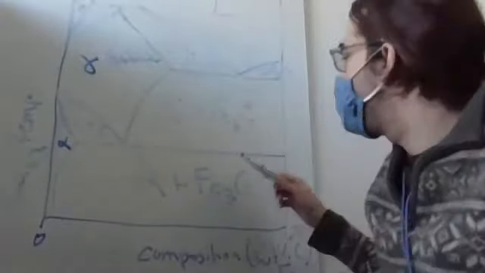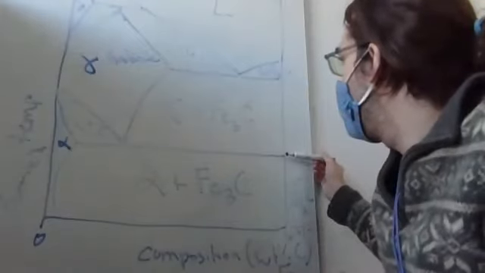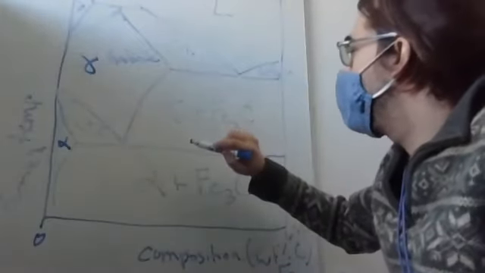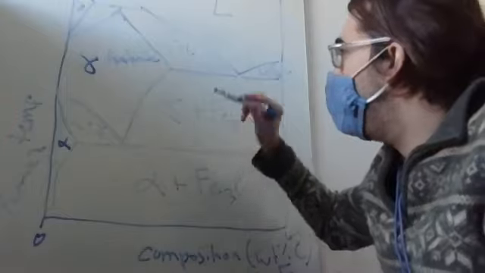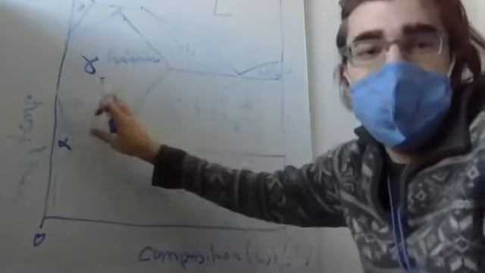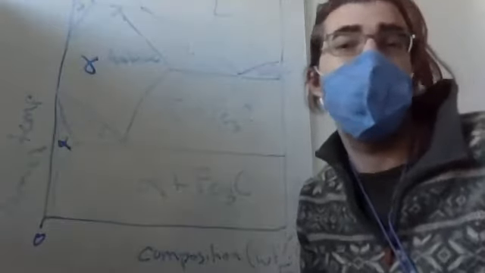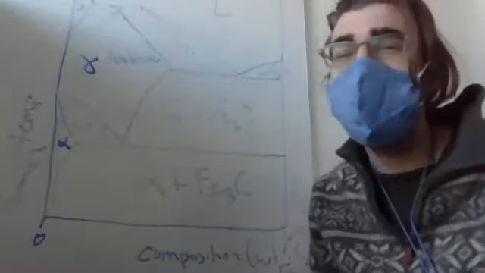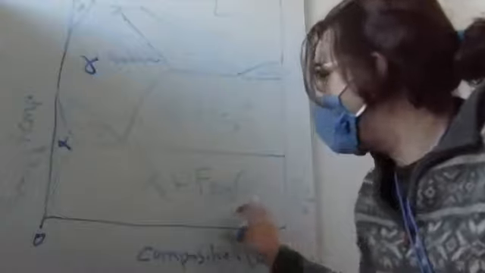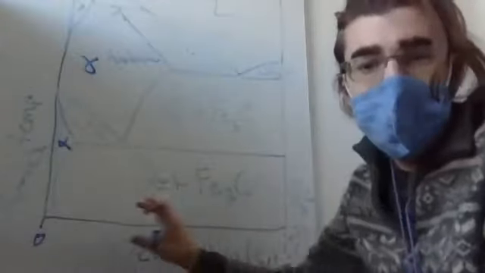So what exists is the fact that these phases are stable at certain temperature ranges, right? But humans aren't stable at all temperature ranges, right? So we need to exist down here. We need to exist at room temperature.